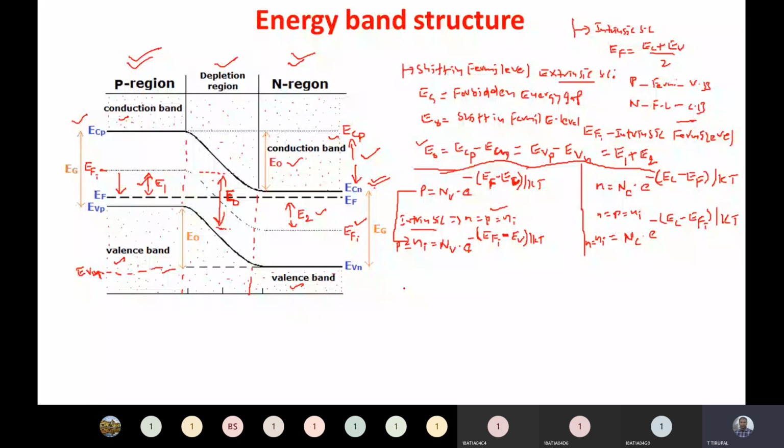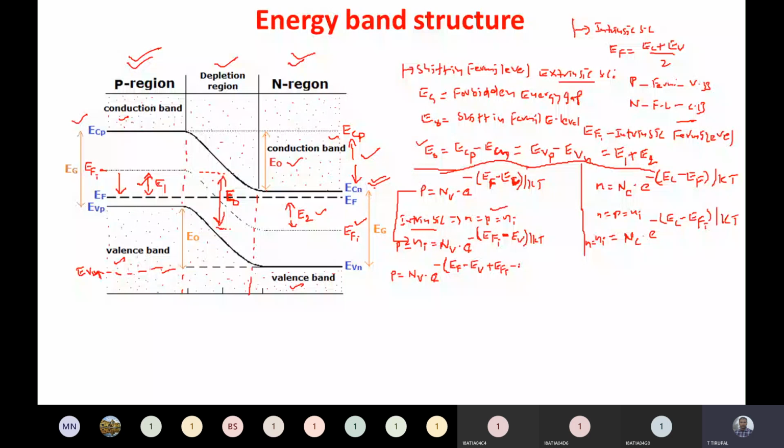Now what happens? See, P is equal to NV into e power minus of EF minus EV plus EFI minus EFI, I am doing, divided by KT.